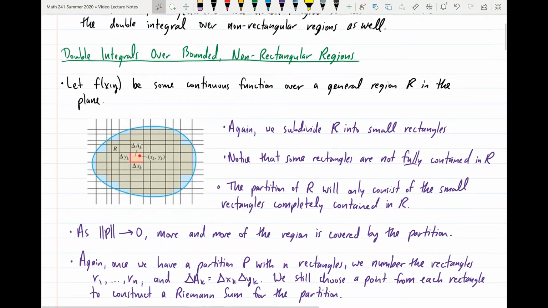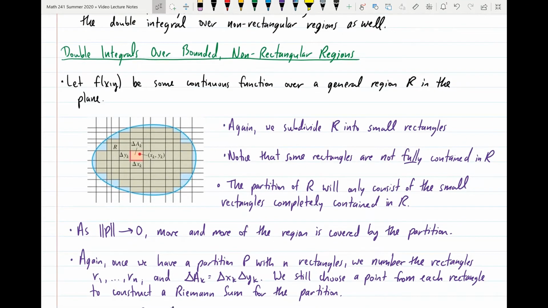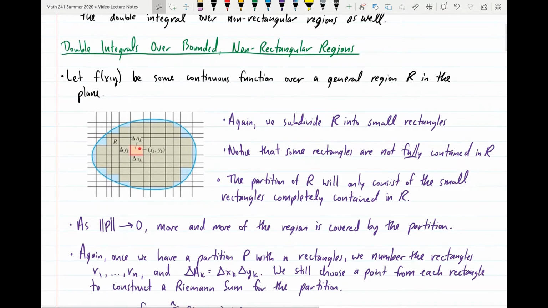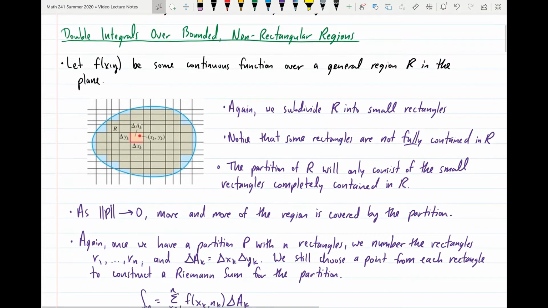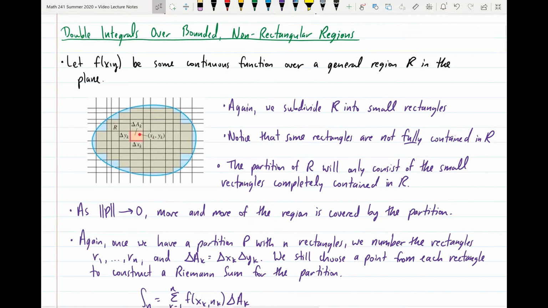So again, let f of x, y be some continuous function over a general region R in the plane. R is just some region inside of the plane that happens to be a part of the domain of our function f. And again, we will subdivide R into small rectangles with lines that are parallel to the x and y coordinate axes. If you look over at the diagram, the region that we're worried about is the region outlined in blue.